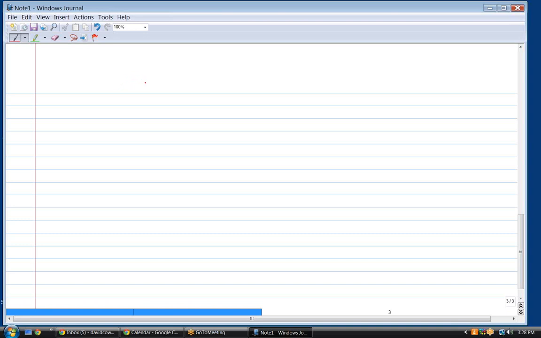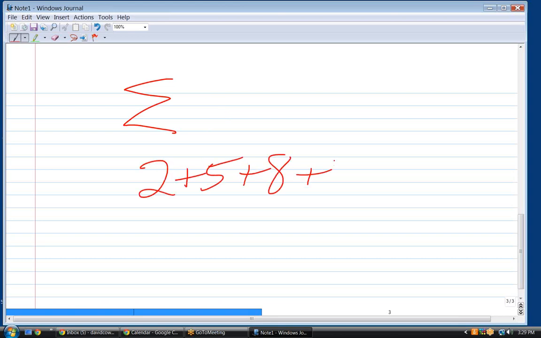The next one is series. Write in, what is that E looking Greek symbol? Is it sigma? Write in sigma notation 2 plus 5 plus 8 plus 11 plus ellipsis plus 53.